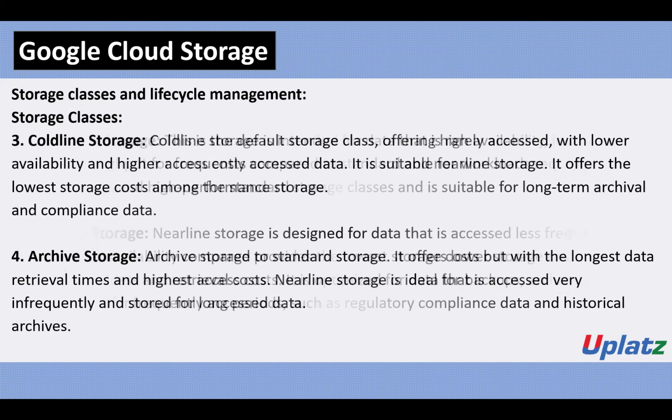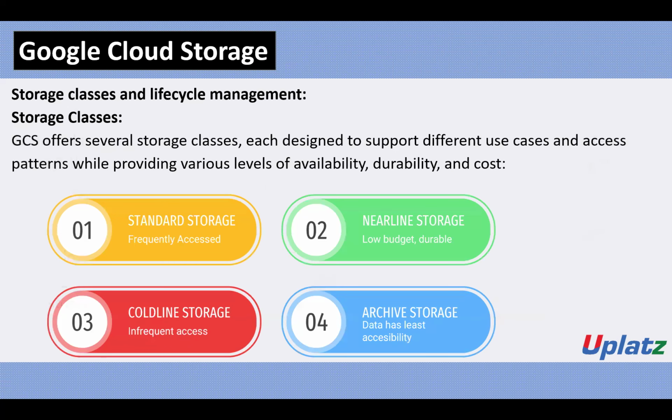Got it. So these are the four storage classes. Standard storage is generally used for frequently accessed data. Nearline storage, if you would like to access the data, maybe not frequently, let's suppose in 30 days.